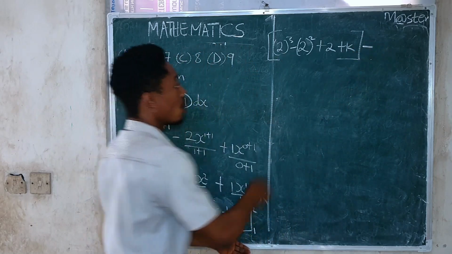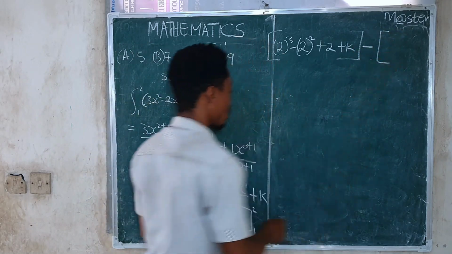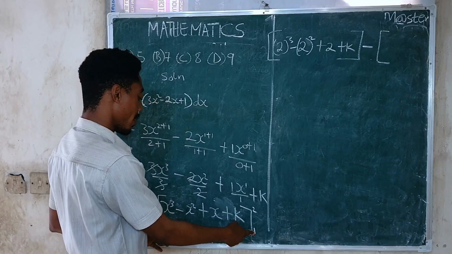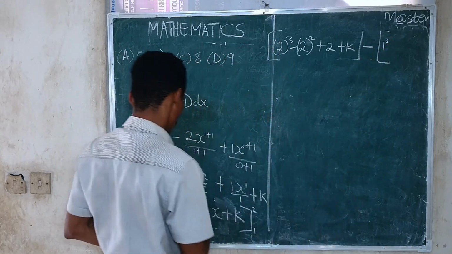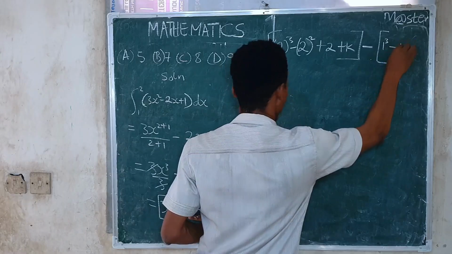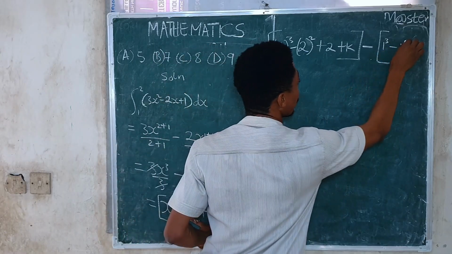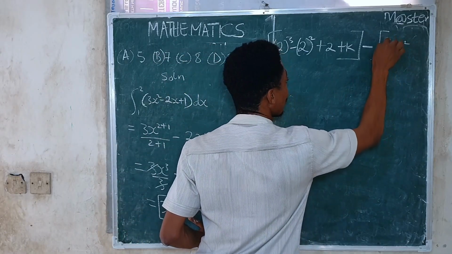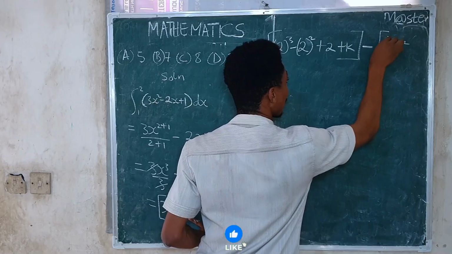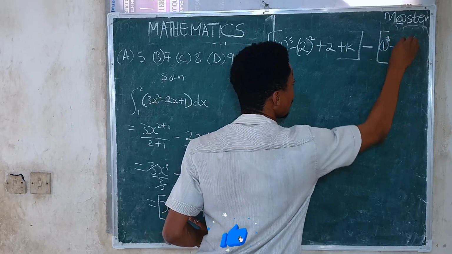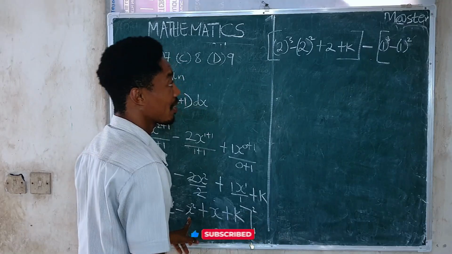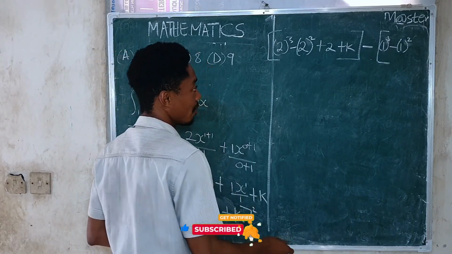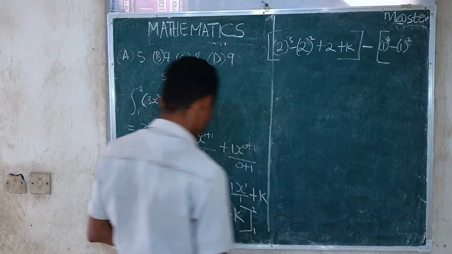Minus, I'll open another bracket, and in the other bracket, I'm going to put x as 1. So that is 1 cubed, minus 1 squared. It is the same thing, but in times where these boundaries are negative values, it's important we note that.